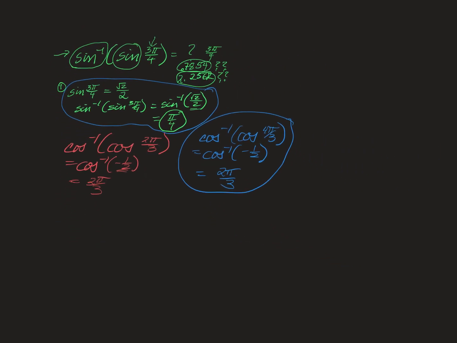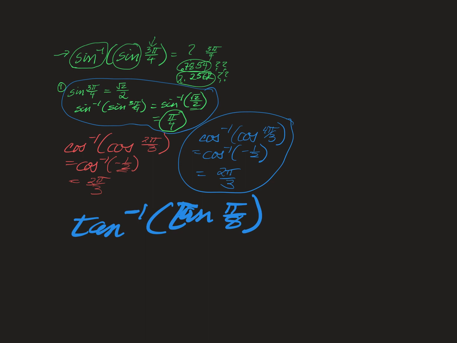So here's one with an angle that's not obvious, all right? So let's go with the inverse tangent of the tangent of pi over 8, okay? Now, pi over 8 is not a special angle, okay?